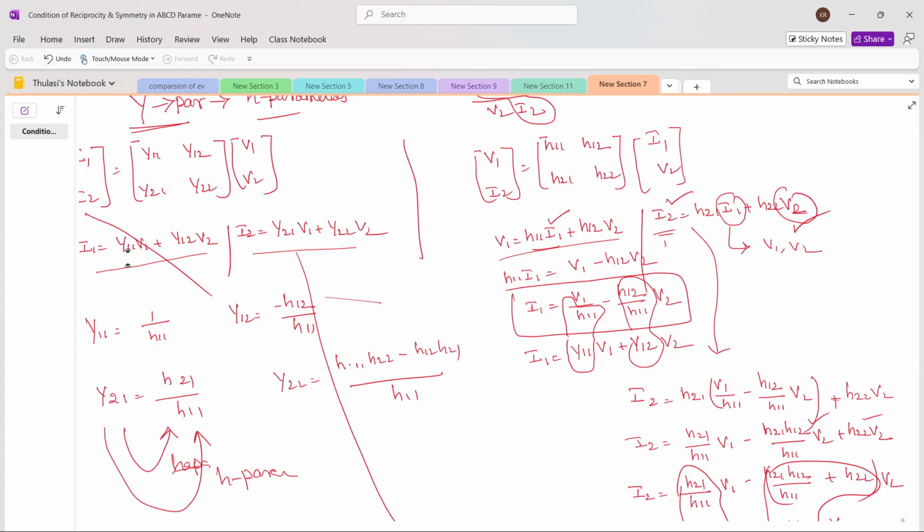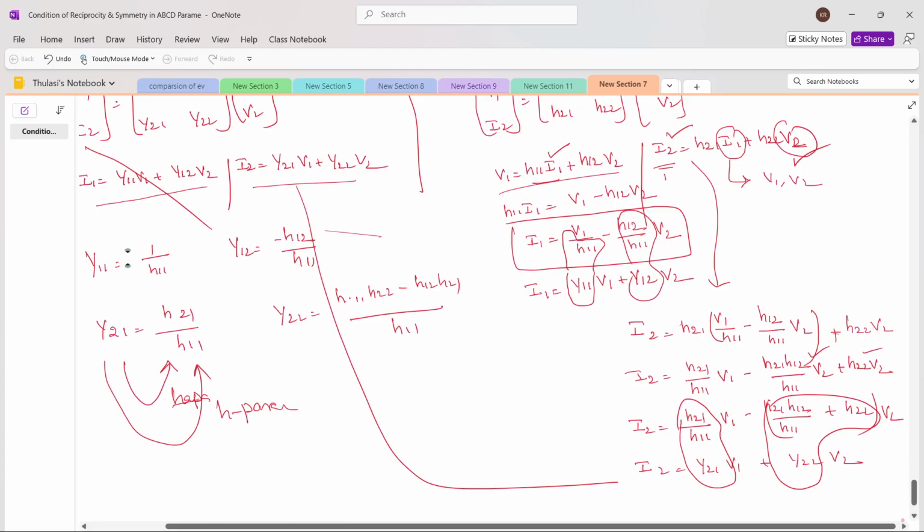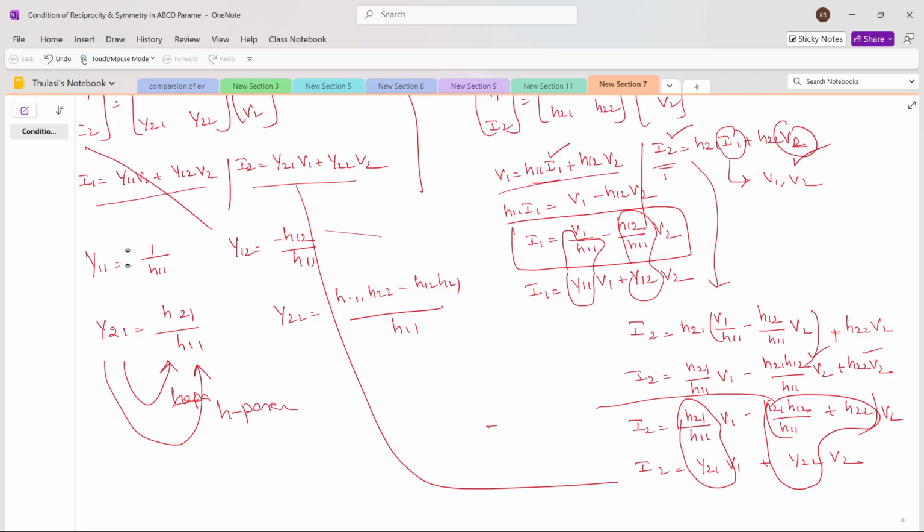After substituting this I1 here, you are going to get this expression. Here I'm taking v1 as common, and here I'm taking v2 as common. When you take the LCM here, the LCM term is h11. Here we get h11 h22 minus h12 h21. This is how we are getting this expression.